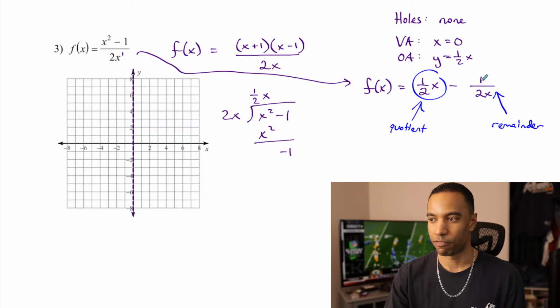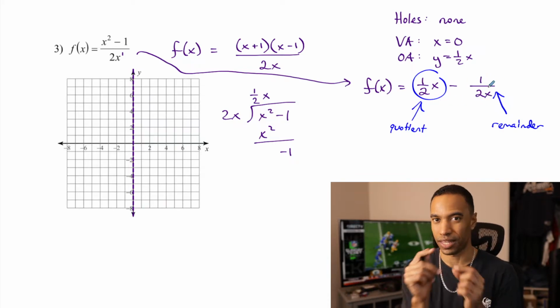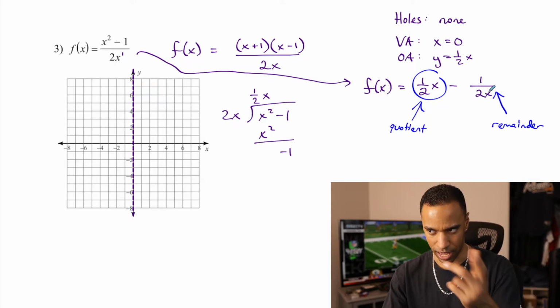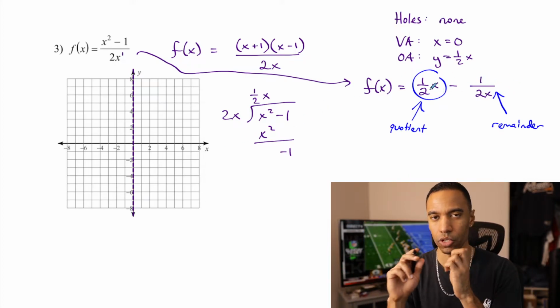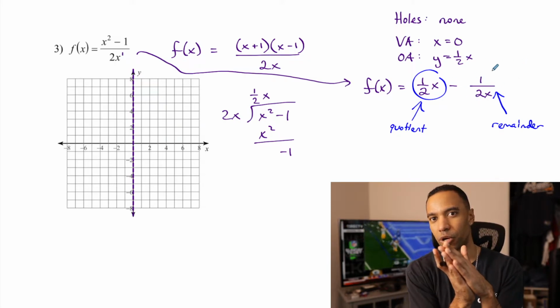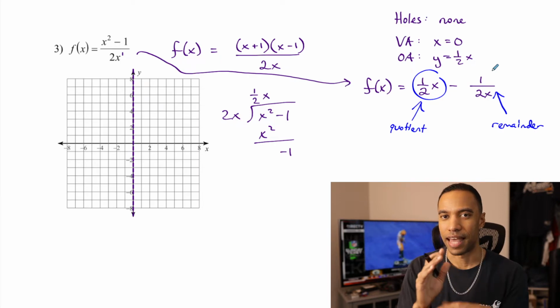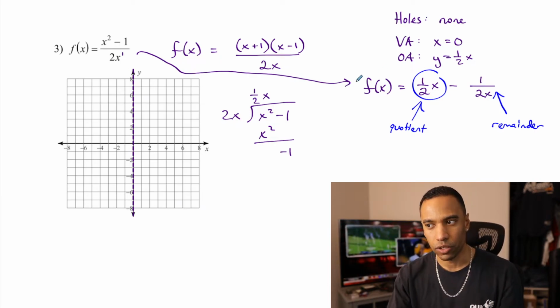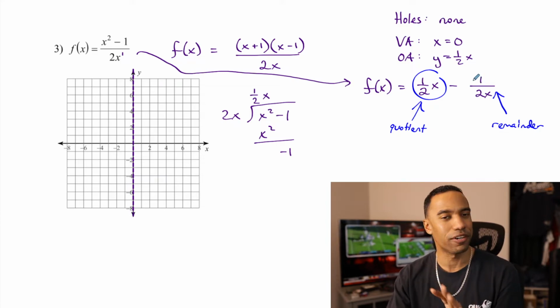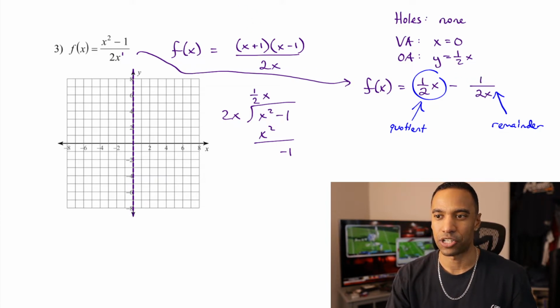If you plug in a trillion for x, you'll still be 1 over 2 trillion underneath that line, or possibly above, all depending on negative a trillion, things like that. You'll never actually be on the line. And that's what the remainder does. It gives you a little bit off of it. And that's how asymptotes work. They say we get really close to this thing, but then you subtract a little teeny bit of it right there, or you add it, or you do whatever, and then you're never actually on it.